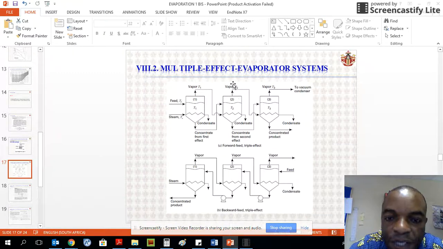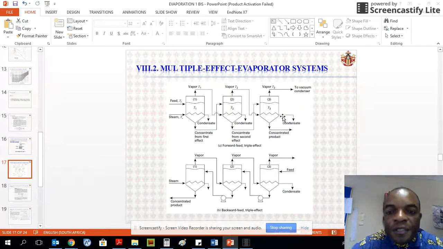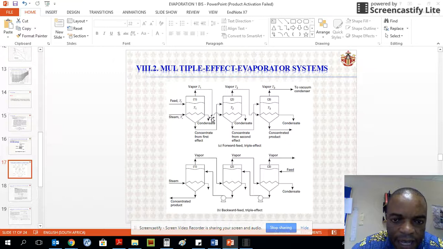Now, the vapor from the second effect is used to provide heat to the third effect. So each effect is using as heating medium, as heating stream, the vapor from the previous one, except of course the first effect, which is using steam coming from here, and its condensate is collected there.